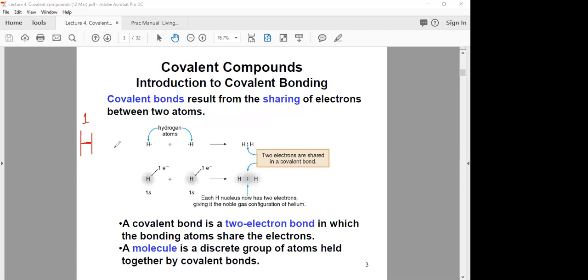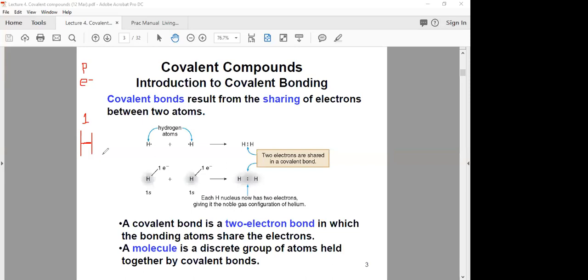The number of protons, yes. And also the number of what in a neutral atom of hydrogen? Electrons. Electrons, correct. So the number of protons and also the number of electrons in a neutral atom of hydrogen.